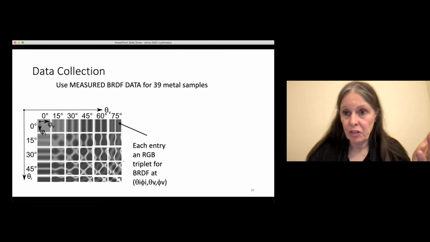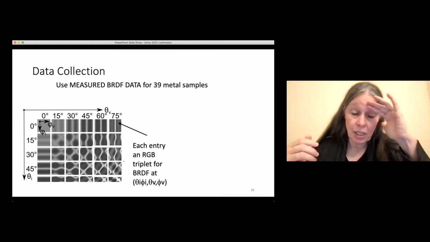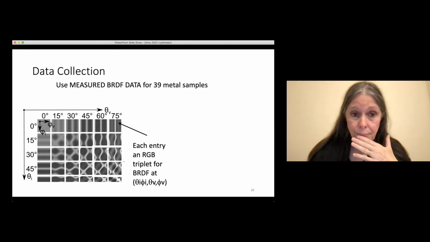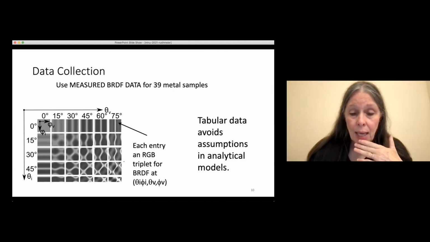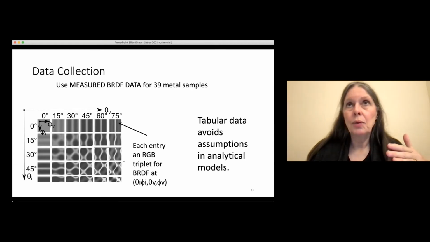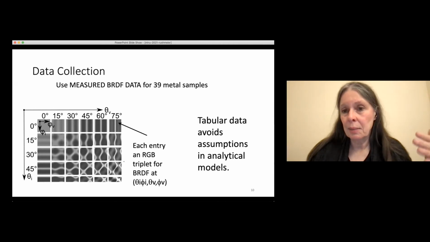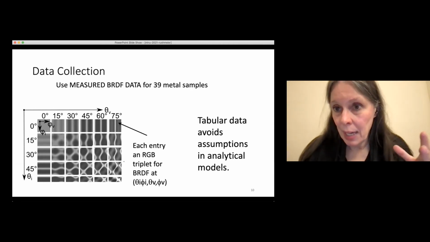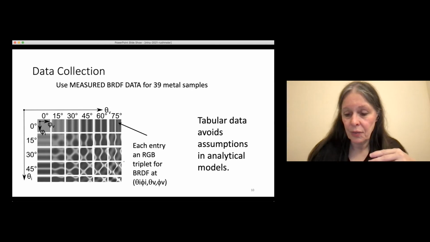And then, of course, we have an RGB triplet for each of those. So we want to use this tabular data so that we know we're looking at metals. We're not building into our understanding some assumptions that are in models like Oren-Nayar and so forth.